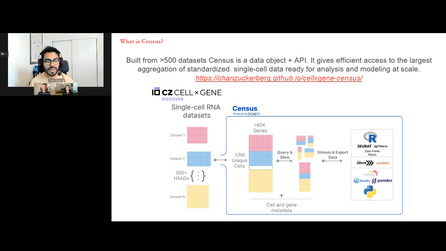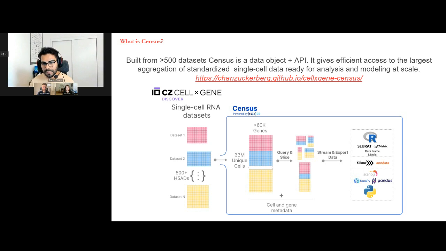We also provide the cell and gene metadata tables for every single cell and every single gene in this large object. And thanks to TileDB-SOMA, you can query and slice Census any way you want, either using coordinates for cells and genes, but more importantly, using value filters for specific values of the standardized cell metadata and gene metadata that we have.